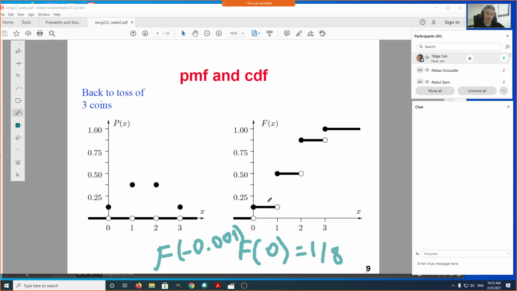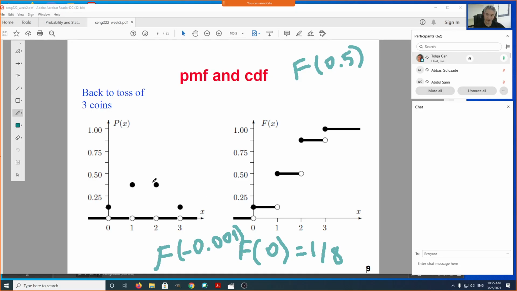So the probability, for example, to obtain 0.5 or less heads, if you just give another real valued number. What does this mean? The probability to obtain 0.5 or less heads is also 1/8, because this will go all the way until we hit 1.